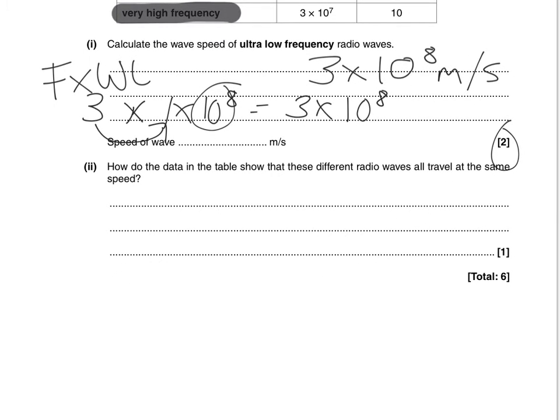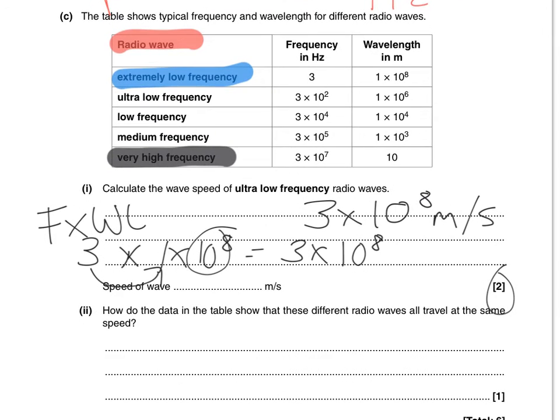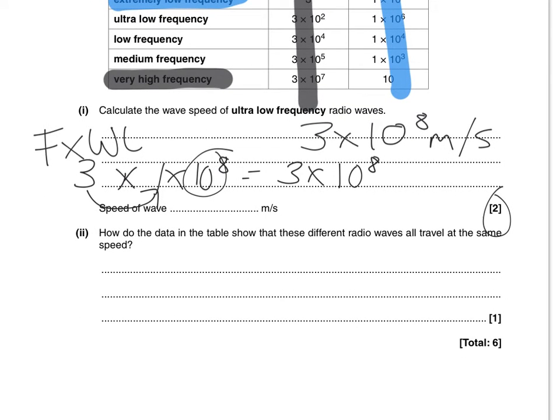Last question on this page is, how do the data in the table show that these different radio waves all travel at the same speed? So what they're looking for here is obviously as your frequency, this column here, is increasing, your wavelength is decreasing by the same amount. That means it stays the same.